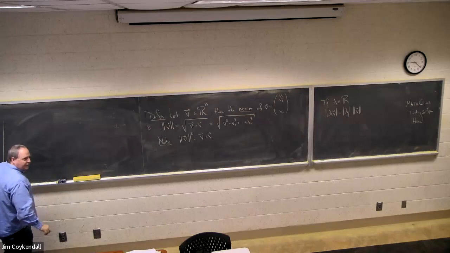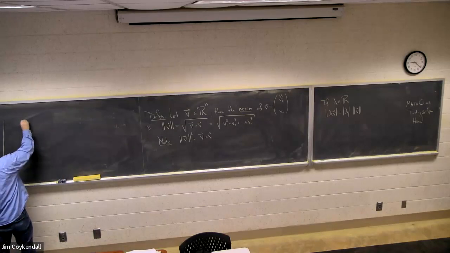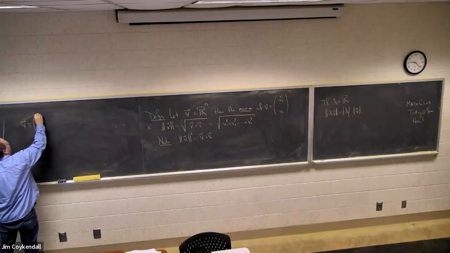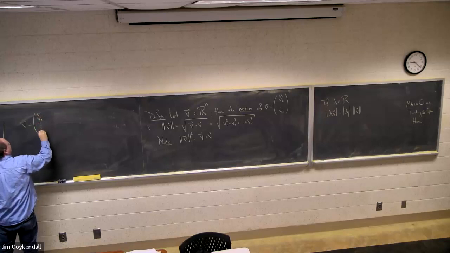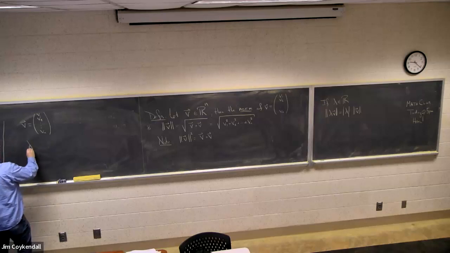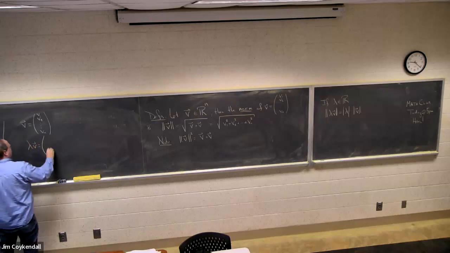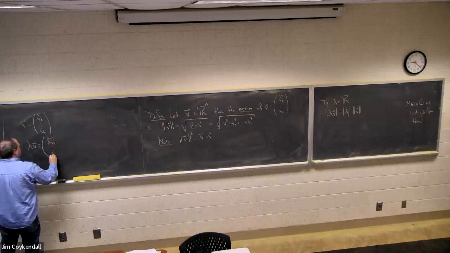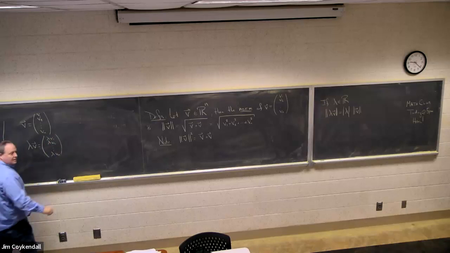So here's why that's true. Let B equal (B1, B2, up to Bn). Then lambda B is (lambda B1, lambda B2, ..., lambda Bn).